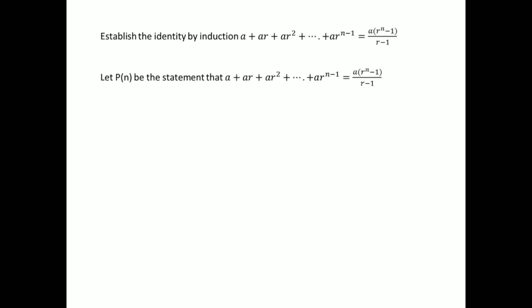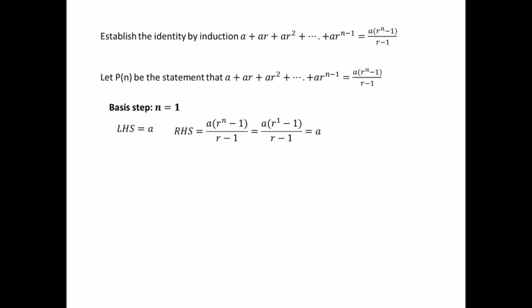And like we always do, we start with the basic step. Basic step is n equal to 1. On the left hand side, for n equal to 1, the first term is a. Now let's see the right hand side. You have a into r to the power n minus 1 all over r minus 1.